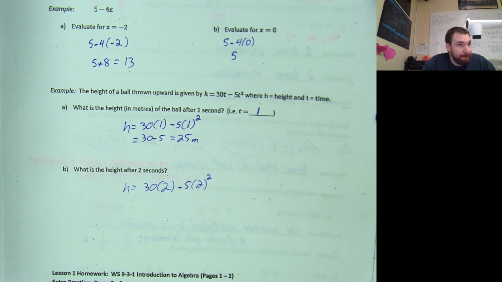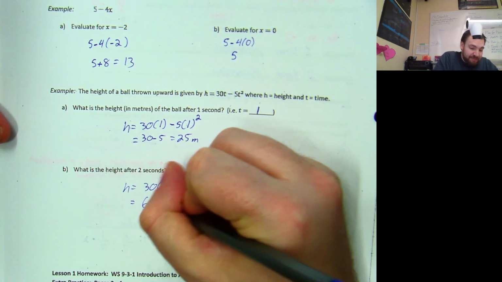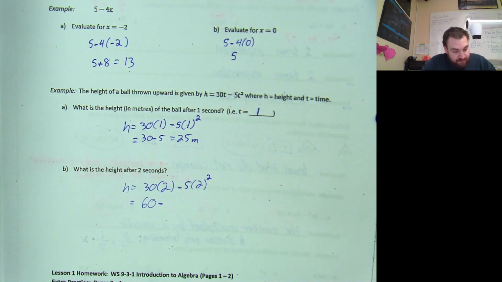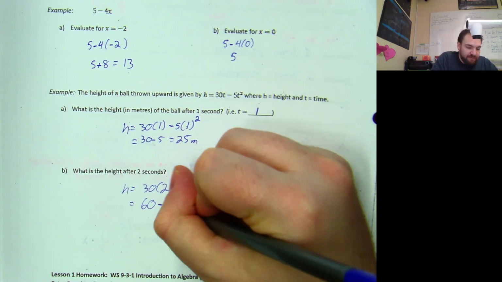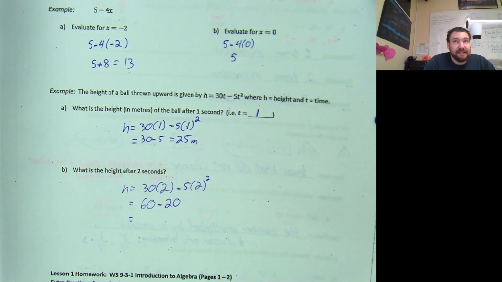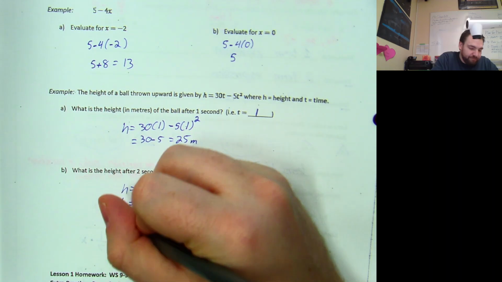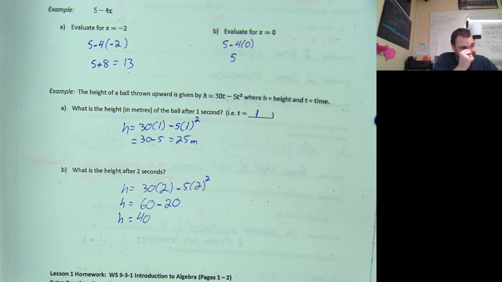So what do I got here? 30 times 2 is 60 minus, keep going. Two squared is? 5 times 4 is? 20, okay. And then 60 minus 20 is? 40. 40 what? Meters.